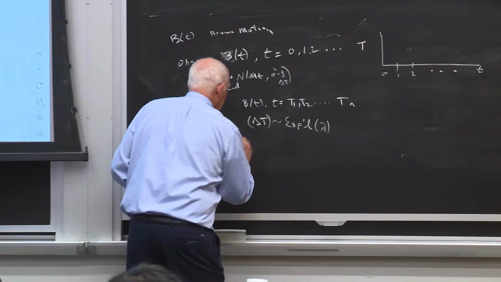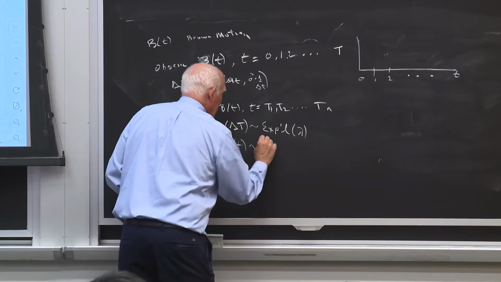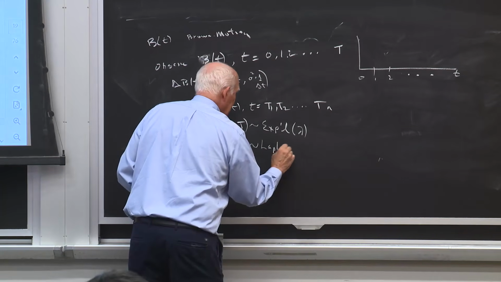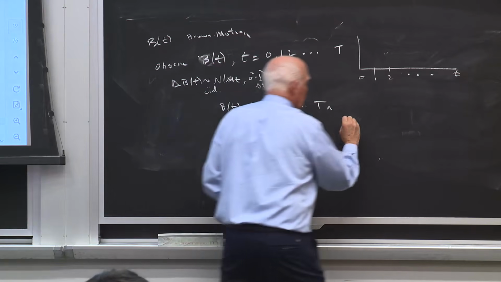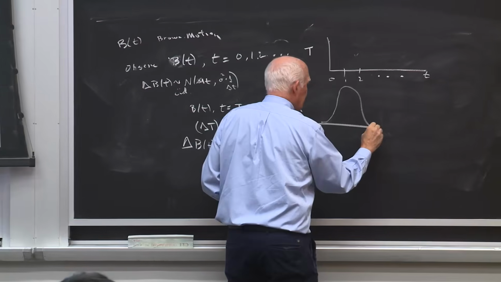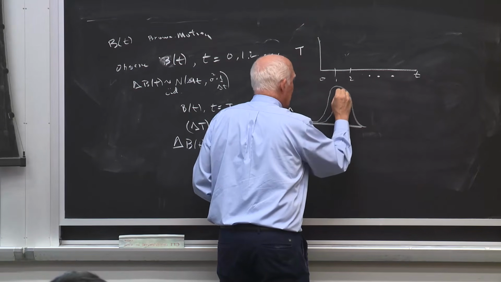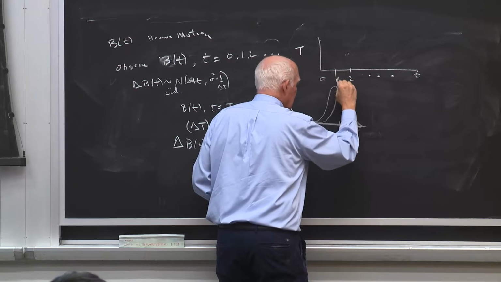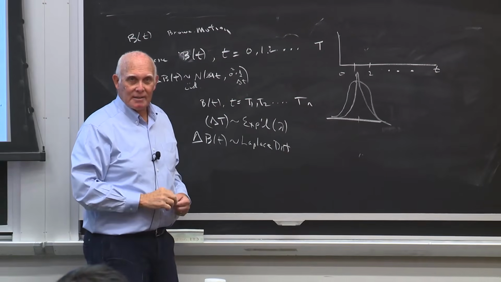So the delta B of t will in fact have what's called a Laplace distribution. And so instead of having a bell-shaped curve, which is a Gaussian distribution, it'll be sort of a bilateral exponential distribution about the mean.